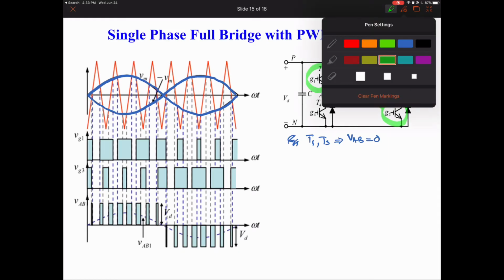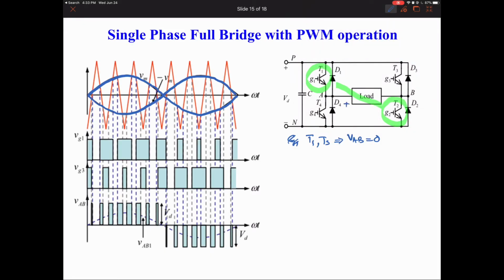The load voltage will be equal to plus VD, because now this point is connected with the negative terminal of the source and point A is connected with the positive terminal of the source. So when T1 and T2 are in the on state, our load voltage VAB will be equal to plus VD. So with switch 1 we can turn on T3. If we turn on T3, zero load voltage, and if we turn T2 on, the load voltage will be equal to plus VD.